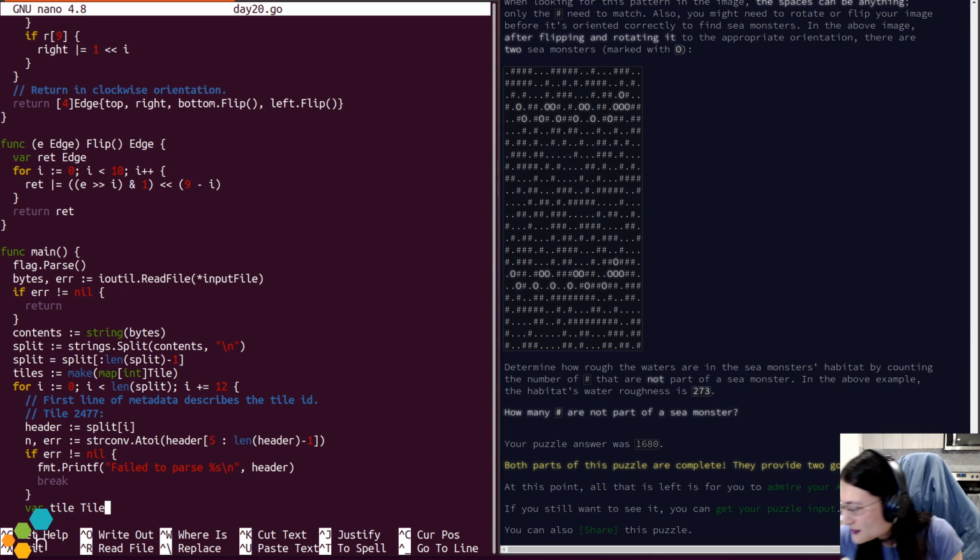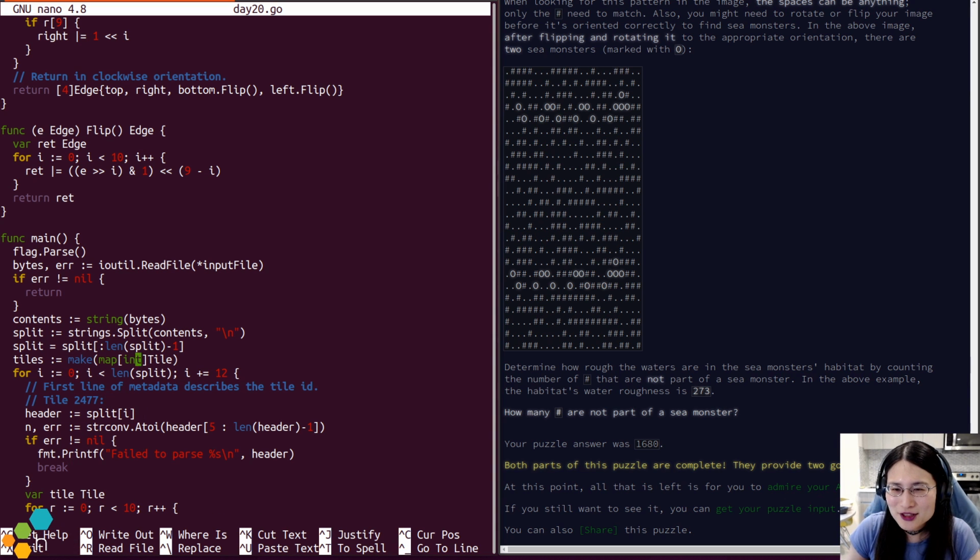So if I have a left that matches the right after being flipped, then it means that, yeah, any edge should correspond after being flipped in order for it to be the same edge.